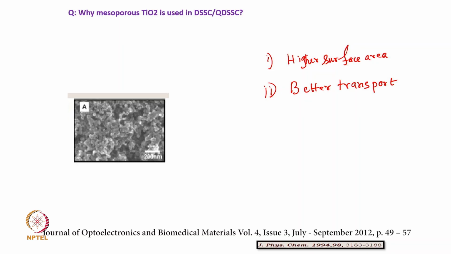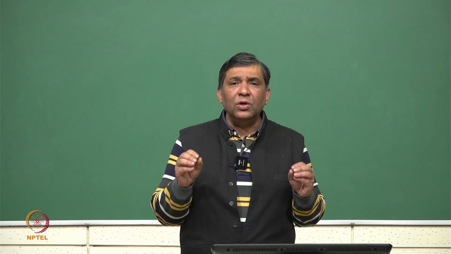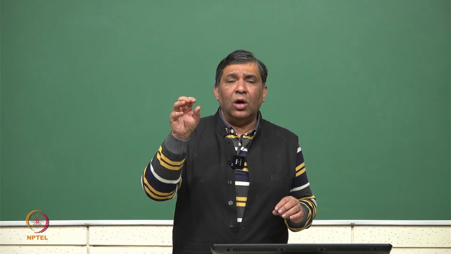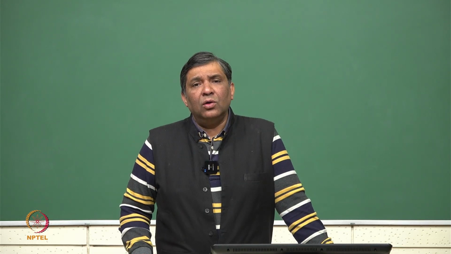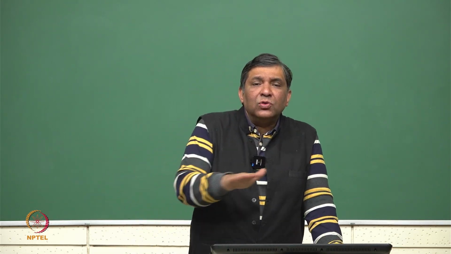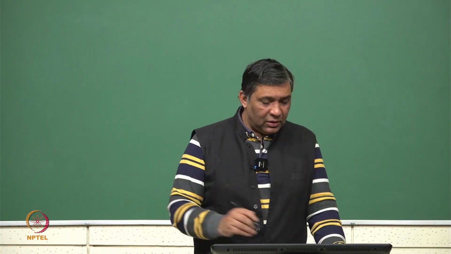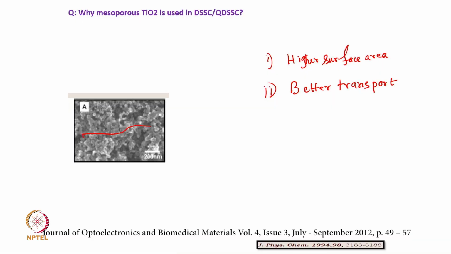We have to have a medium, because once an electron is produced and goes from HOMO to LUMO and is injected into the conduction band of TiO2, it has to cross the entire TiO2 before it reaches the TCO which is attached to it. Therefore, the transport should be very good when we consider a particular design of TiO2, or the porosity, or the mesoporous TiO2.